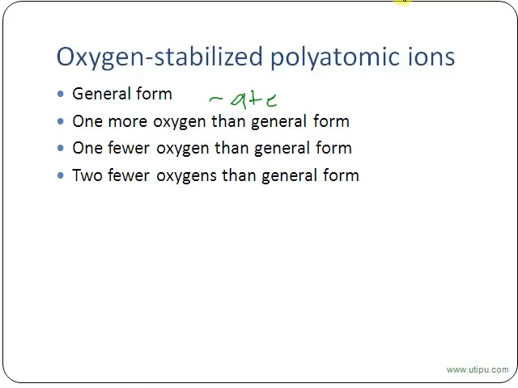And so those would be examples of a standard general form oxygen stabilized polyatomic ion. If we were to use this example, we would say nitrate. So nitrate would be one that we have right there. That would be the general form.